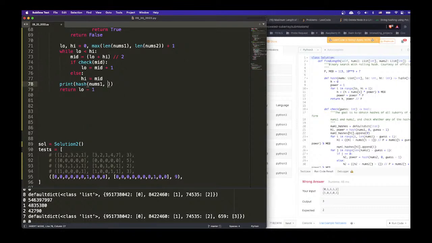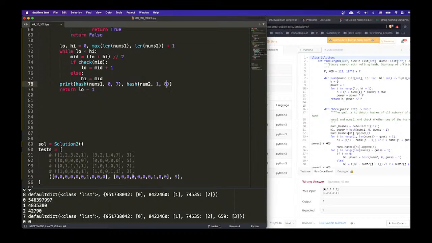One's 1, 0. Let's go 0 to 8. That's 9. Let's go 0 to 7. And so hash nums 2, 1 to 8.